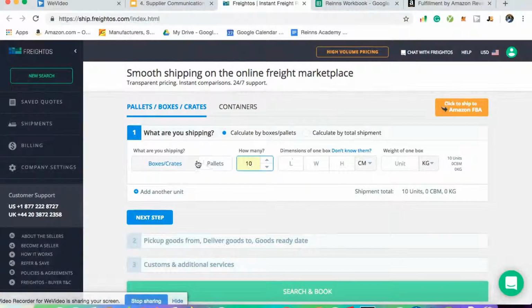So the suppliers are going to give you all this, so don't worry. So 10 boxes. Okay, so you're going to write here 10 boxes, and then the dimension of one box, this is what your supplier is going to give you. So it could be 50 centimeters, 30 centimeters, and let's say 40 centimeters. The reason you're seeing there's a drop down menu is because I've done this before and I've been using the tool several times.